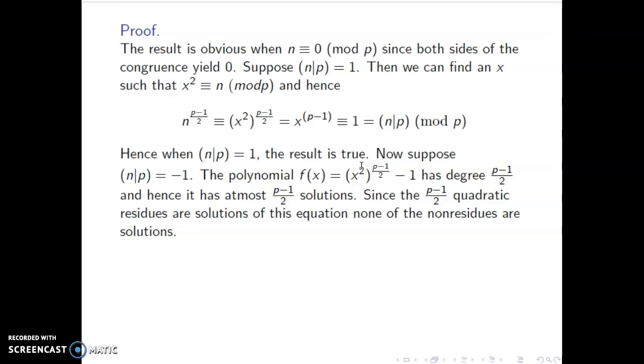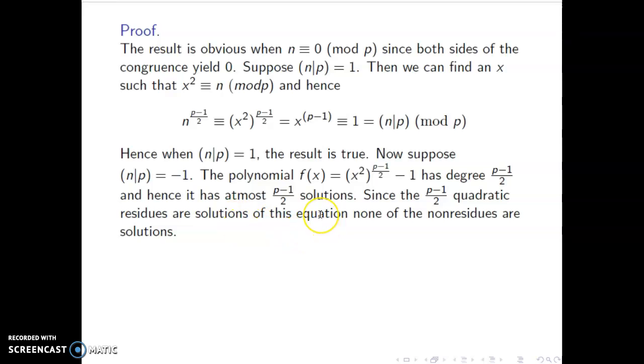Now let me come to the third case. Suppose (n/P) is equal to minus 1. The polynomial f(x) equal to x squared raised to (P minus 1)/2 minus 1 has degree (P minus 1)/2, and hence it can have at most (P minus 1)/2 solutions. But just a little time ago we proved that every quadratic residue is a solution of this equation, and hence I know that the (P minus 1)/2 quadratic residues are solutions of the equation.